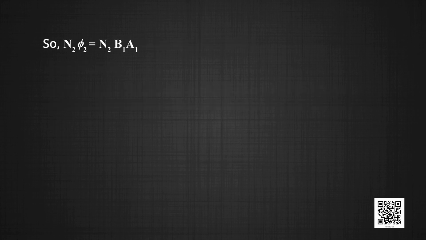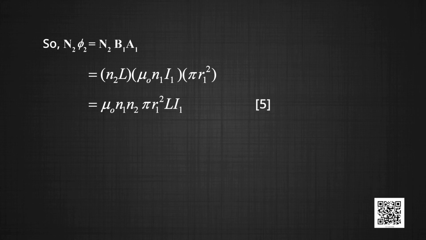So, N2 phi2 is equal to N2 B1 A1, which will be equal to n2 L into mu naught n1 I1 into pi R1 square, equal to mu naught n1 n2 pi R1 square L I1.